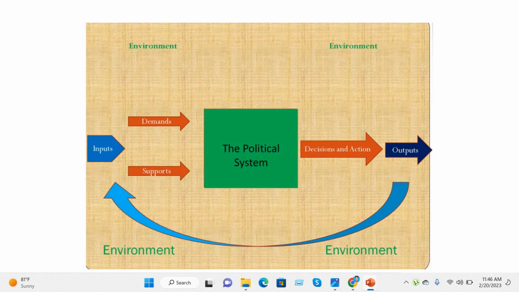You can see the blue arrow, which is the feedback mechanism. Feedback goes to the input through the support system. It also comes from the environment sector. This process is very important.